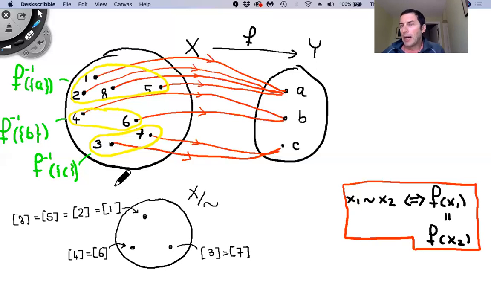But it gets a little bit better if you really think of the square brackets as meaning, the way that you read square brackets is the equivalence class of.